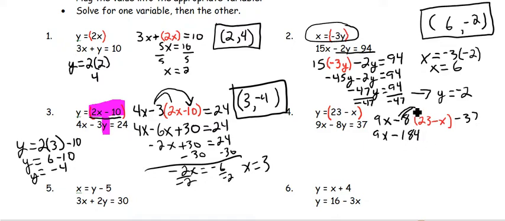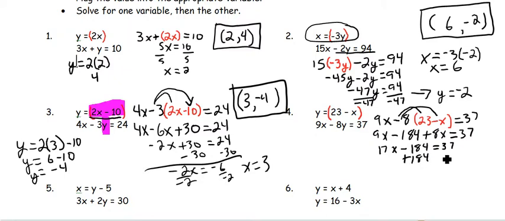And then the negative 8 times negative x is going to be a plus 8x equals 37. So I'm going to combine my like terms. 17x minus 184 equals 37.